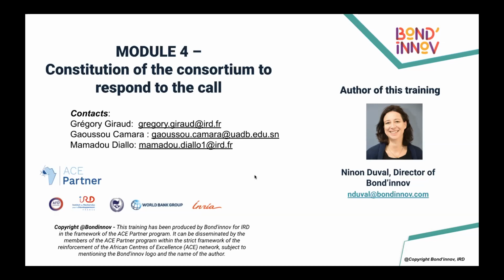If it is not specified in the call, maybe it's not necessary. But as I said, a consortium has three motivations: a tactical one, a necessary one, and an imposed one. If it is not imposed to have a partner outside the country, maybe you don't need one.